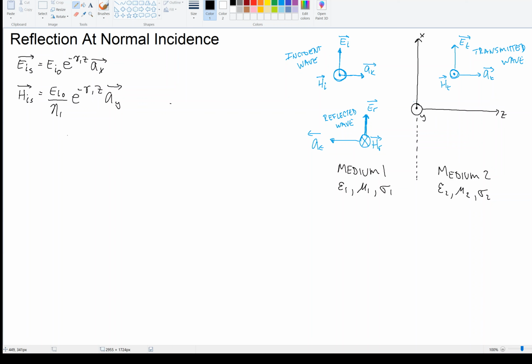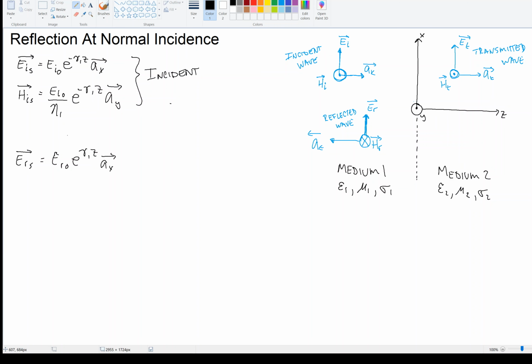Now the reflected wave, so this is incidence. The reflected wave will look like this in phasor notation. It will have some amplitude that's possibly different. That's what we want to figure out: how much is transmitted, how much is reflected.